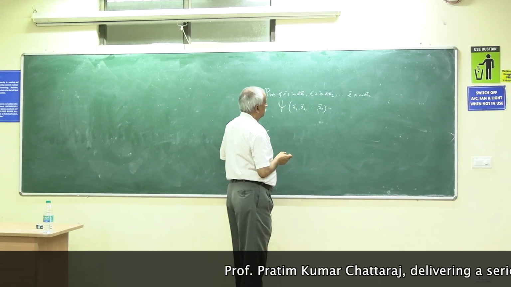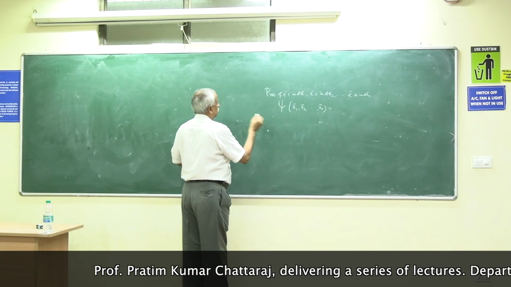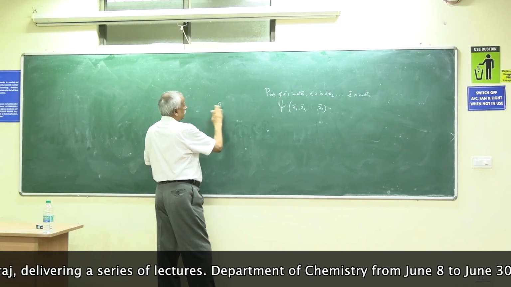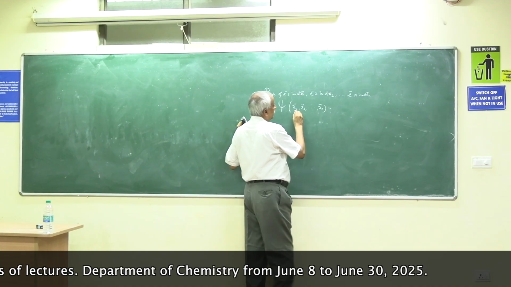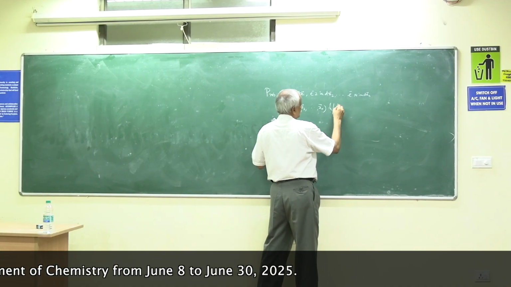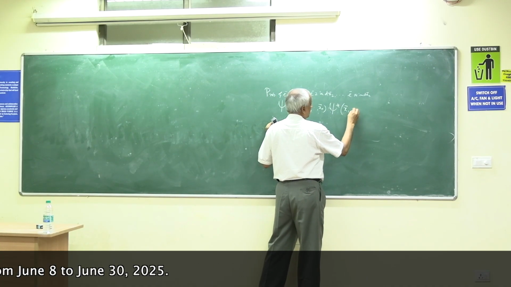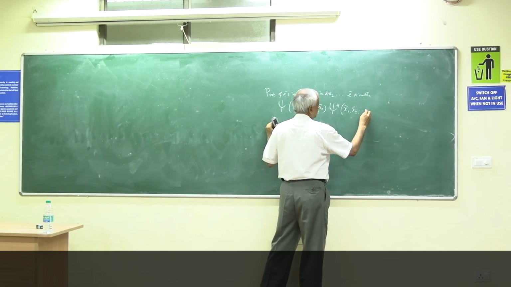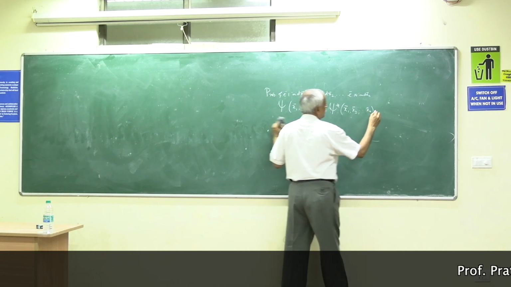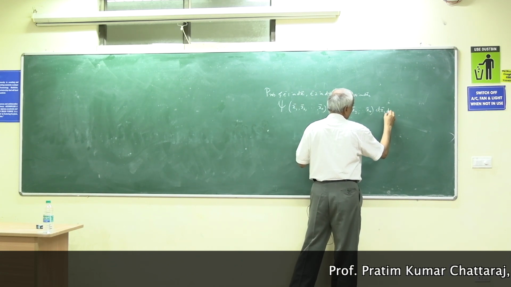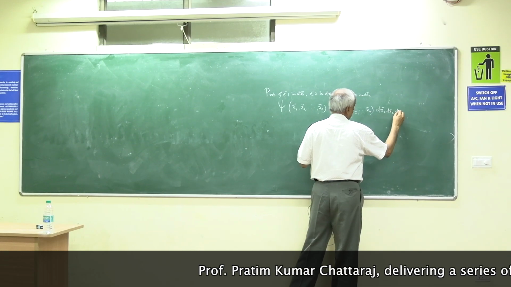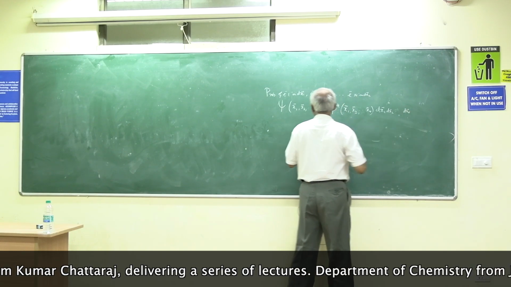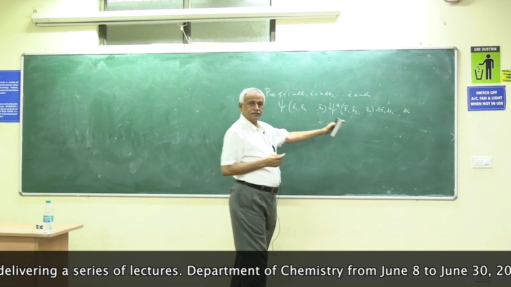Then that would be psi of x1, x2, xn times psi star of x1, x2, xn, and then dx1, dx2 up to dxn. This is the probability.